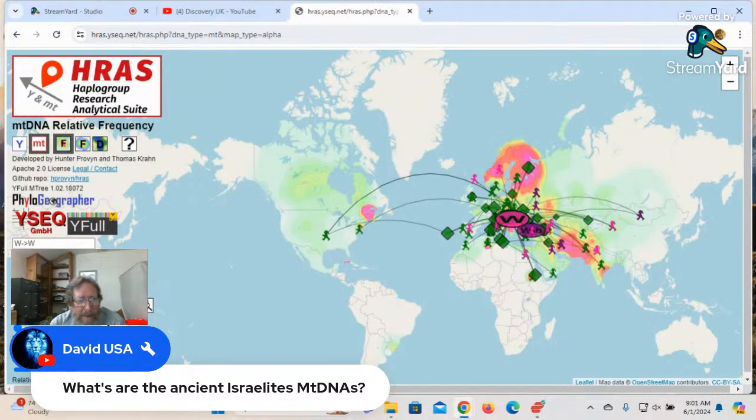So yeah, this W is a Semitic lineage, the same as the X, but apparently it's an even older lineage. In other words, the A separates into the W, the X, and the A goes to America, but recently found out that it crossed the Atlantic instead of crossing the Bering Strait.